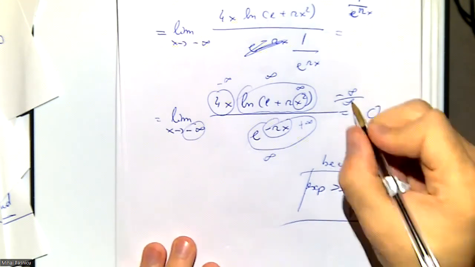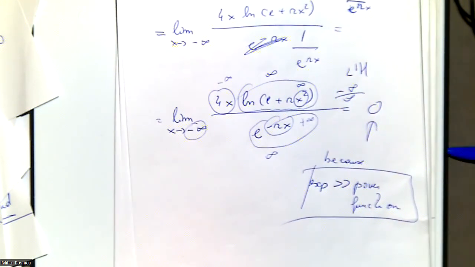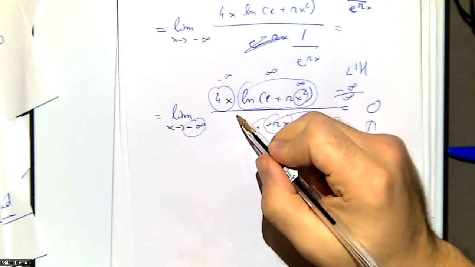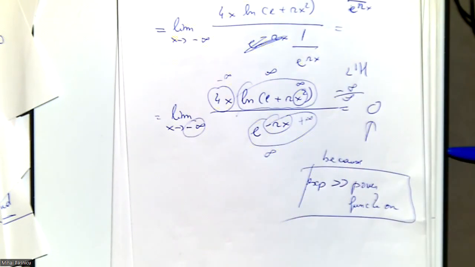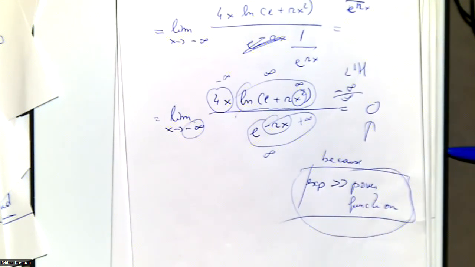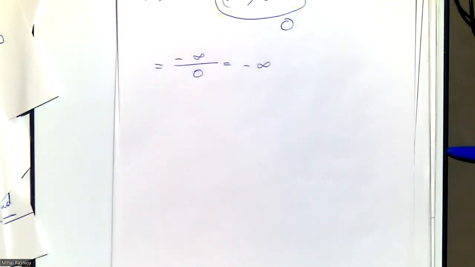You can apply L'Hopital happily here, and you're going to get an answer. Similarly, this thing is just going to go away, and you're going to get a constant over infinity, still 0. Or again, you remember that exponential is stronger than a power function. I can't emphasize how impactful that is. So I evaluated this, it is 0. Now I go back to my thing.